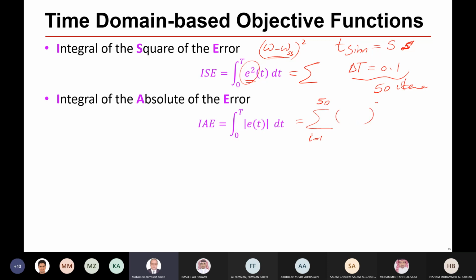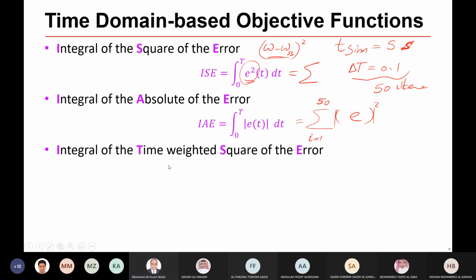At each iteration, I will calculate the error square or the magnitude of the error, whatever objective function you consider. So at each iteration, in your numerical solution, you calculate the error, either you get the absolute value or the square, and you add them up for all iterations, to calculate this objective function.